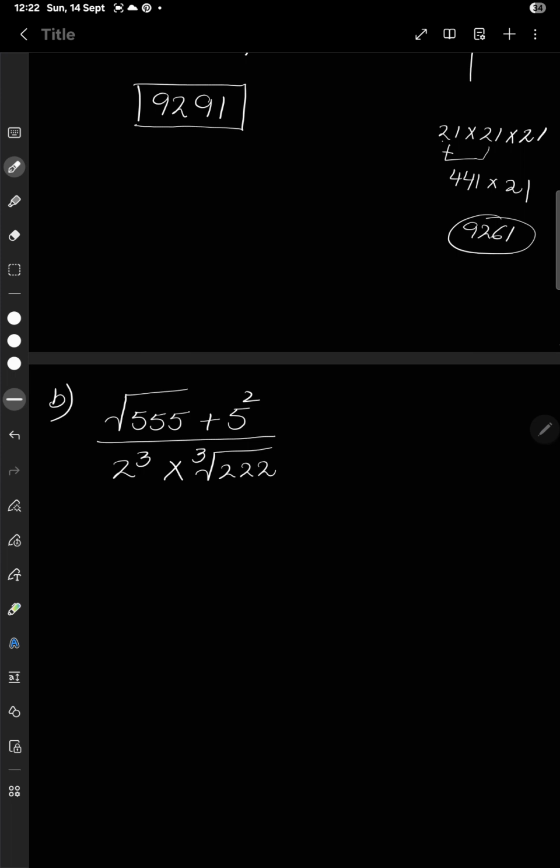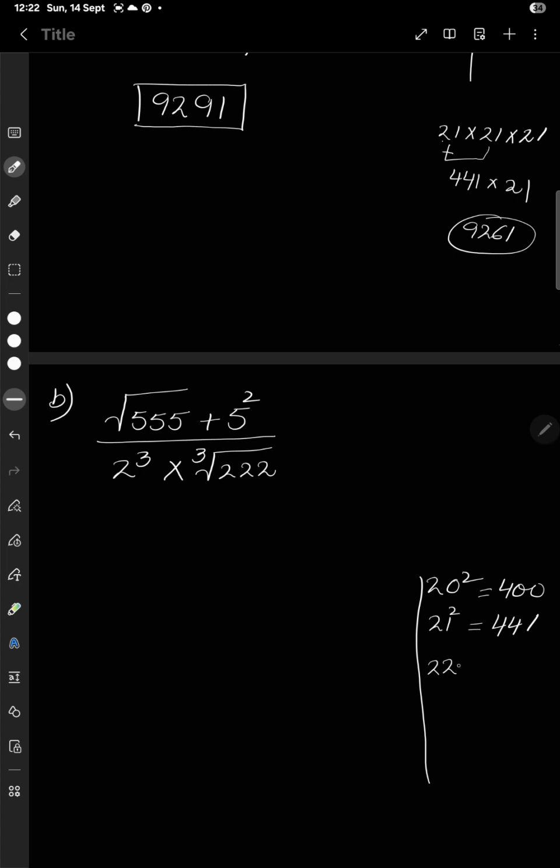Now we will see if this number 555 is a perfect square or not. If I take 20 square, my answer will be 400. If I take 21 square, multiplying 21 with 21, my answer will be 441.